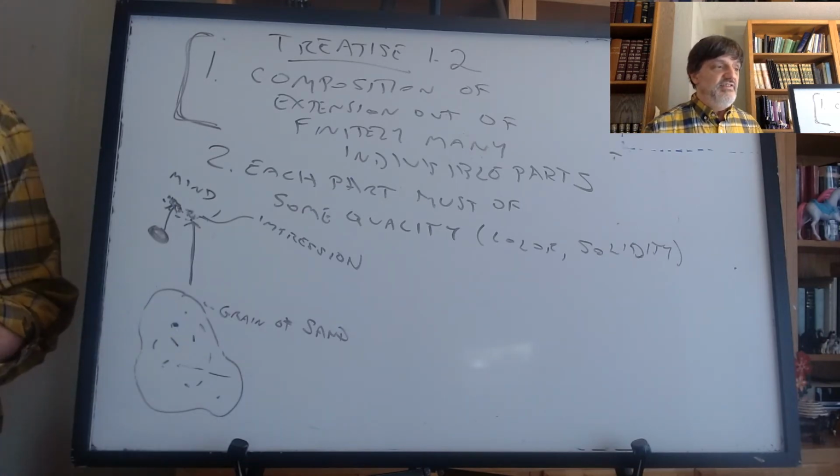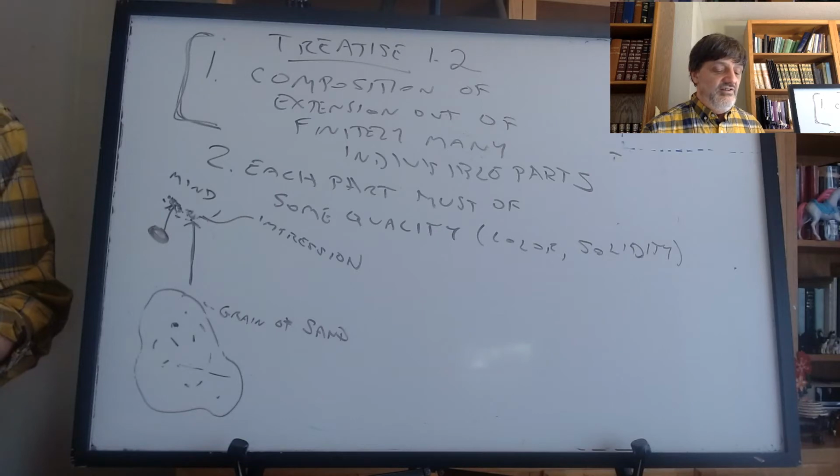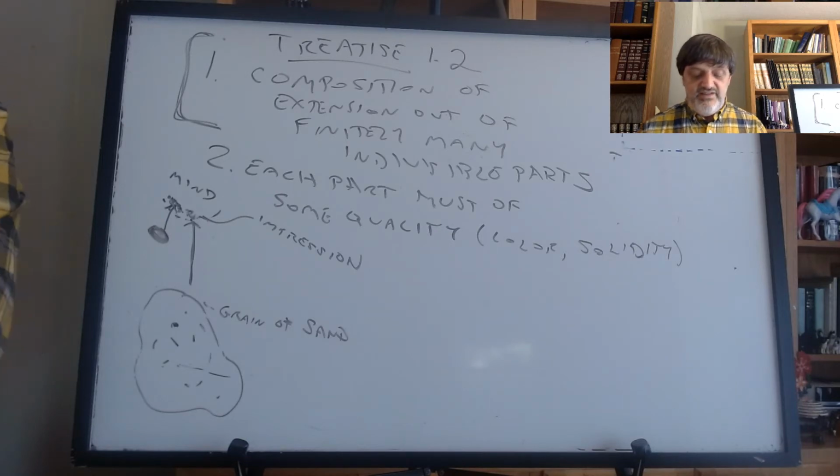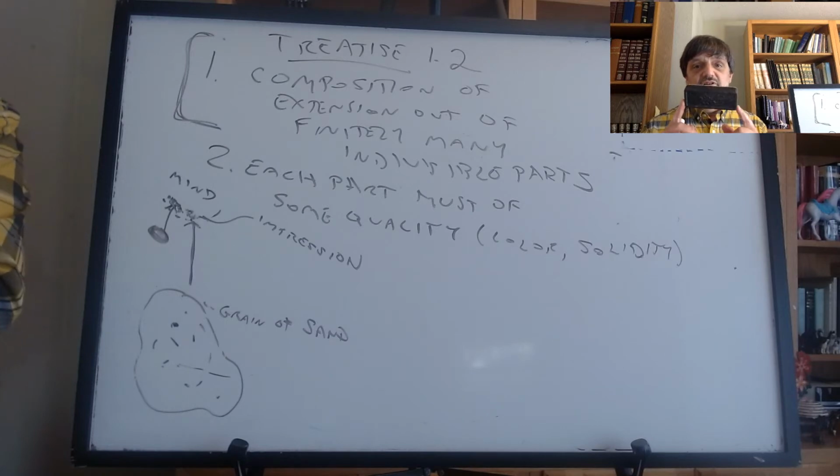So it can't have a size or shape. But all the things that we see evidently have some determinate size and shape, right? It goes to here and then it stops and it's not there anymore. So no matter how big it is, it can't be infinite.